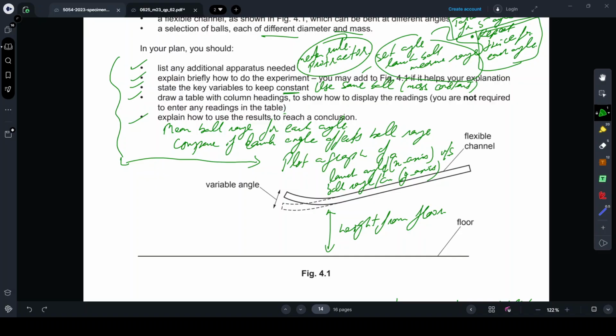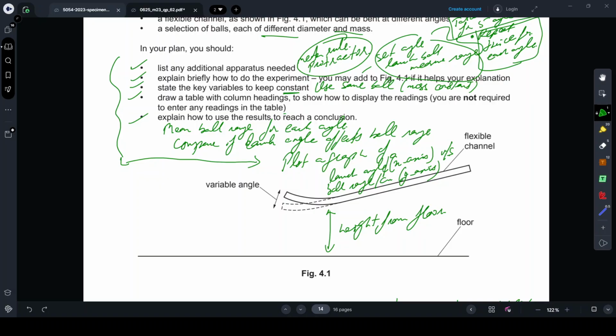So this is the process for any planning that you're given. It doesn't matter what kind of experiment. The last time we did it was dropping a ball and finding the size of the crater it makes from different heights, or I think it was different masses of the ball.